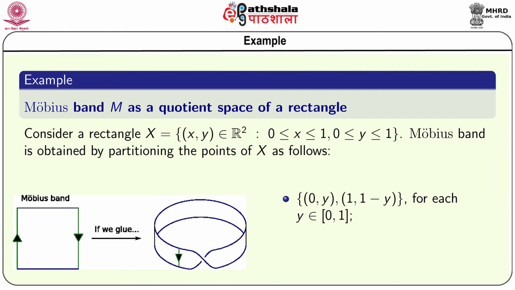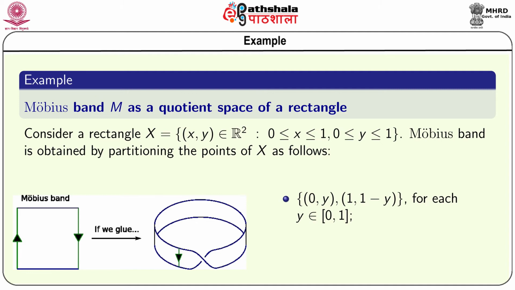We take the rectangle, take the vertical edges of the rectangle and identify the left edge with the right edge, but in a reverse direction. That means, the point 0 y on the left edge will be identified with the point 1 minus y on the right edge.